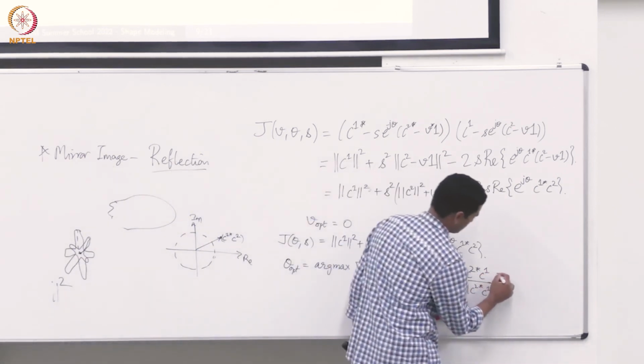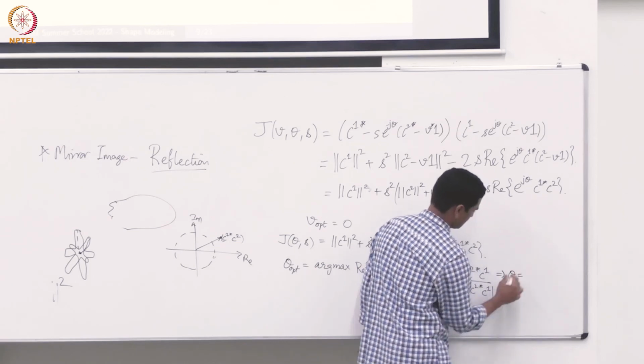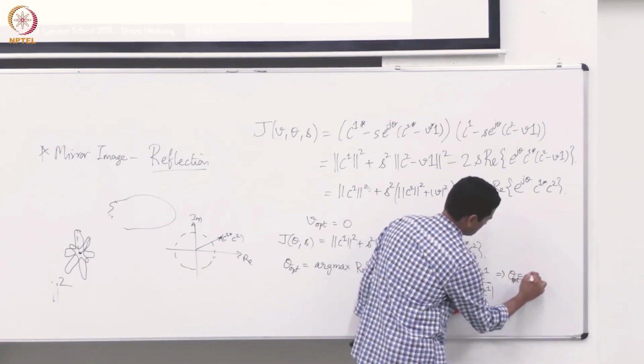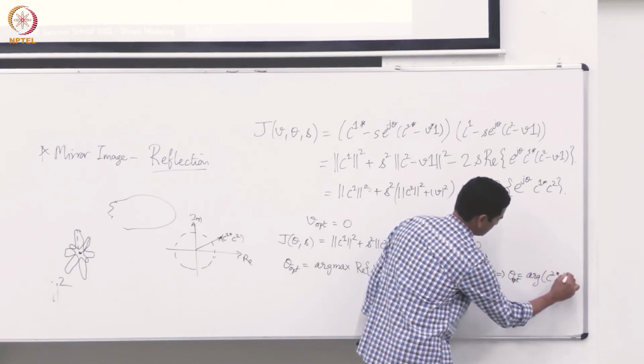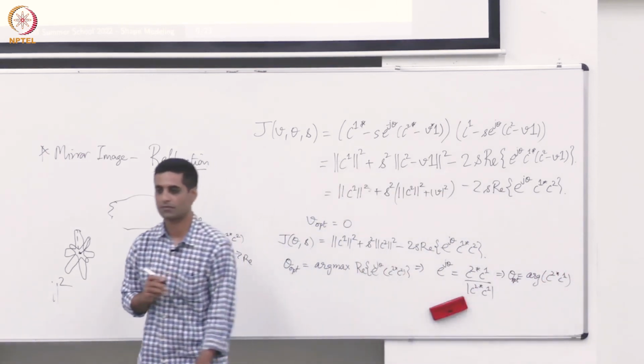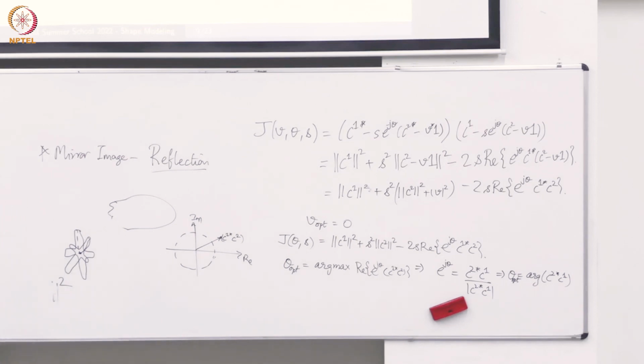From this, I hope you can see that theta is the argument of the complex number C2 star C1. Argument is tan inverse imaginary by real. Make sense?